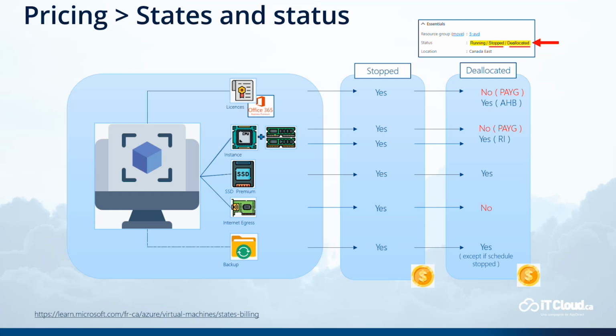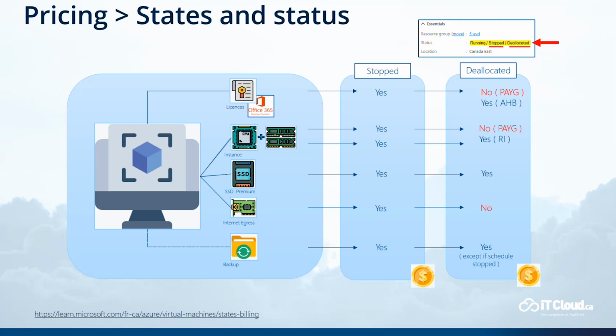Remember, from Azure, there is a host and a VM inside. So the VM is tied to the host. The host provides infrastructure and electricity as well. So if you stop the VM, it means the VM is stopped, but the host is not aware of it. For example, if you are inside the VM and you go into the start menu, you click on the button and you tell Windows to stop or shut down yourself, the VM will be stopped, but still provided with electricity by the host.